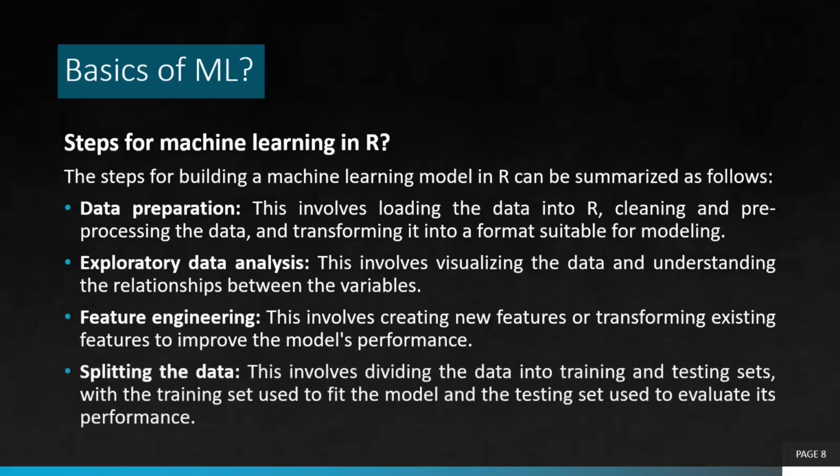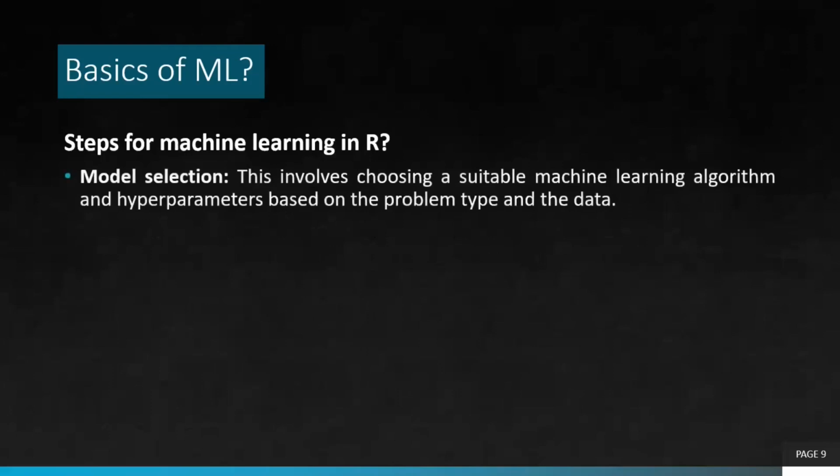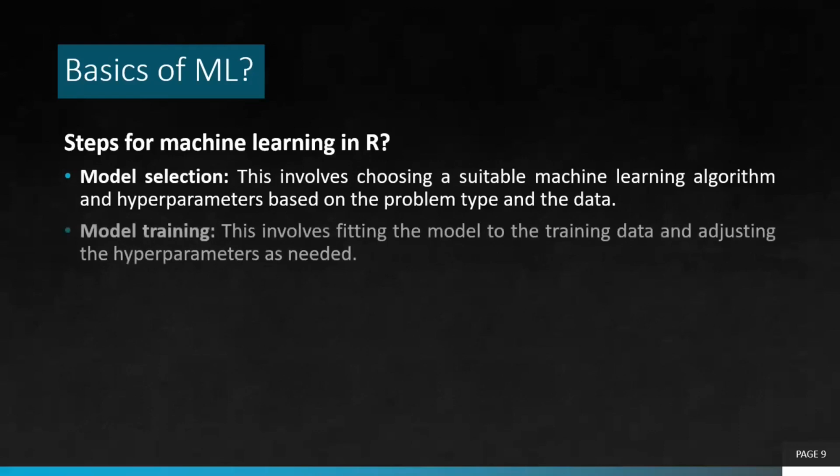Next, we have splitting the data. This process is about dividing the data into the training and testing sets, with the training set used to fit the model and the testing set used to evaluate its performance. Then we have model selection. This involves choosing a suitable machine learning algorithm and hyperparameters based on the problem type and the data.